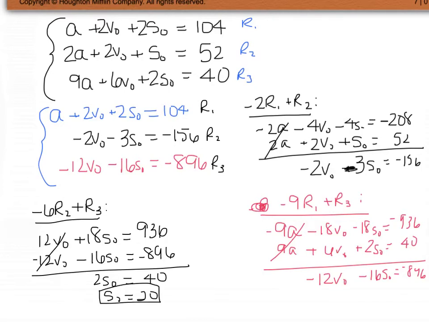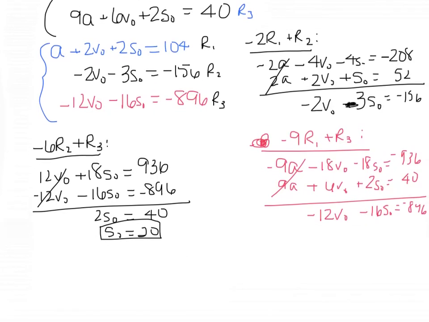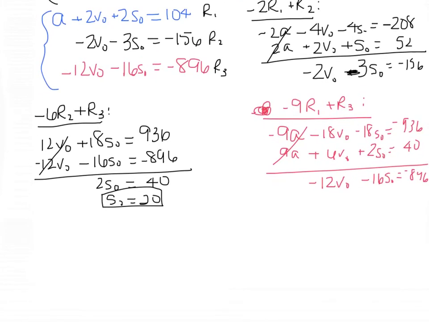Now that I know what s is, I can go back and back substitute. In order to solve for v sub 0, I'm going to plug into my new second equation. So I have negative 2v sub 0 minus 3 times 20 equals negative 156.